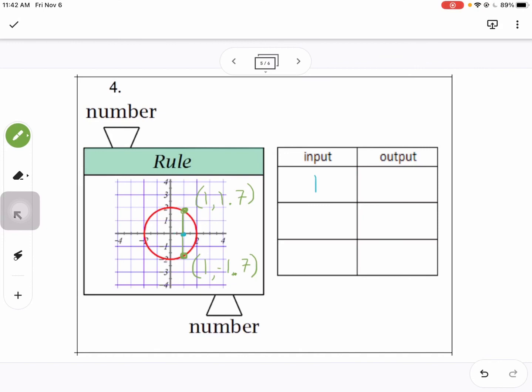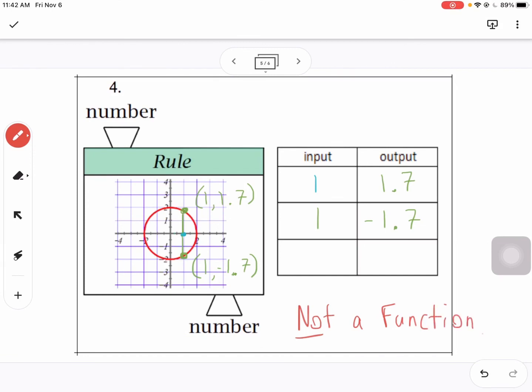So for my input 1, I get an output of 1.7. I also get an output of negative 1.7. Same input, 2 different outputs. This one is not a function. Because if I draw a vertical line here, it's hitting my graph at more than one point. That shows this input has 2 different outputs.